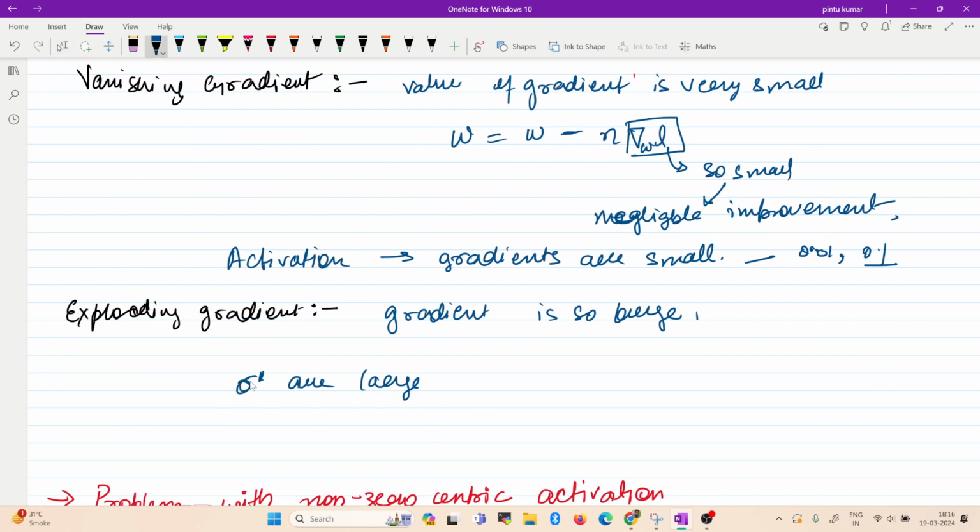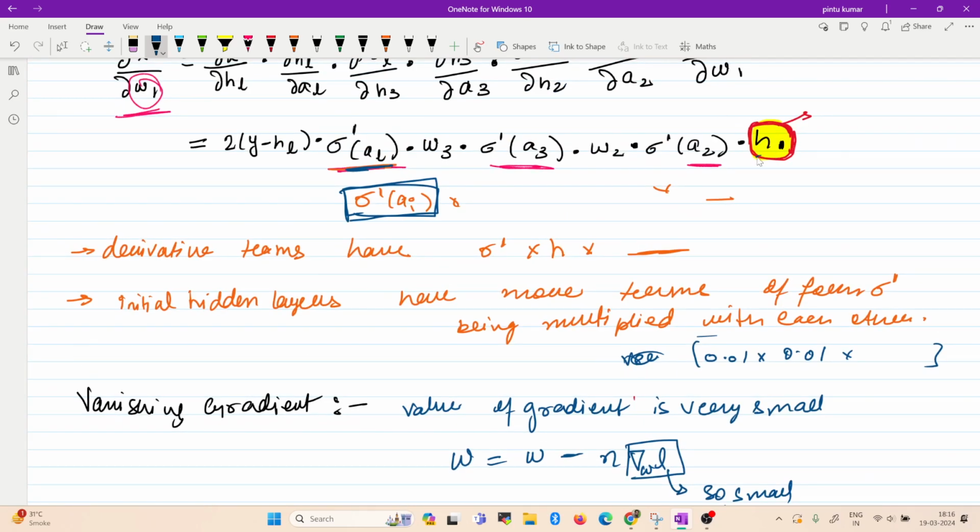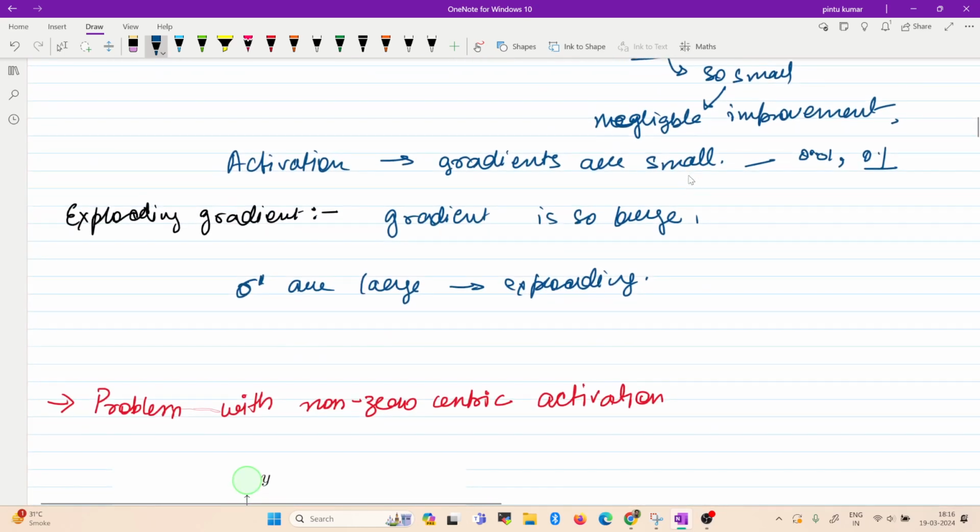So the sigma dash values would contribute to the exploding gradient problem. The same thing you can say about this H1, though it won't contribute a lot because it is only one term that gets multiplied in the gradient. But if the output of your function is very, very large, then this can also contribute to the exploding gradient problem.